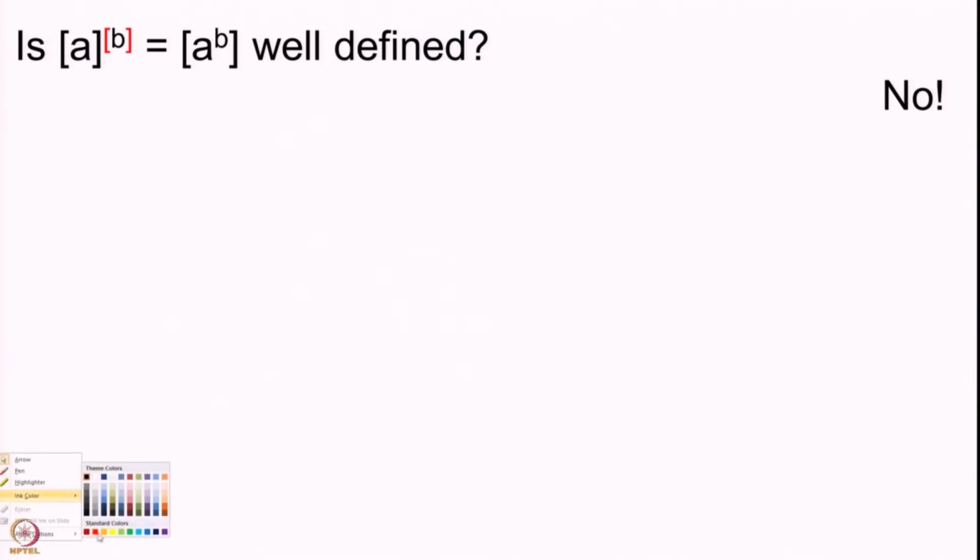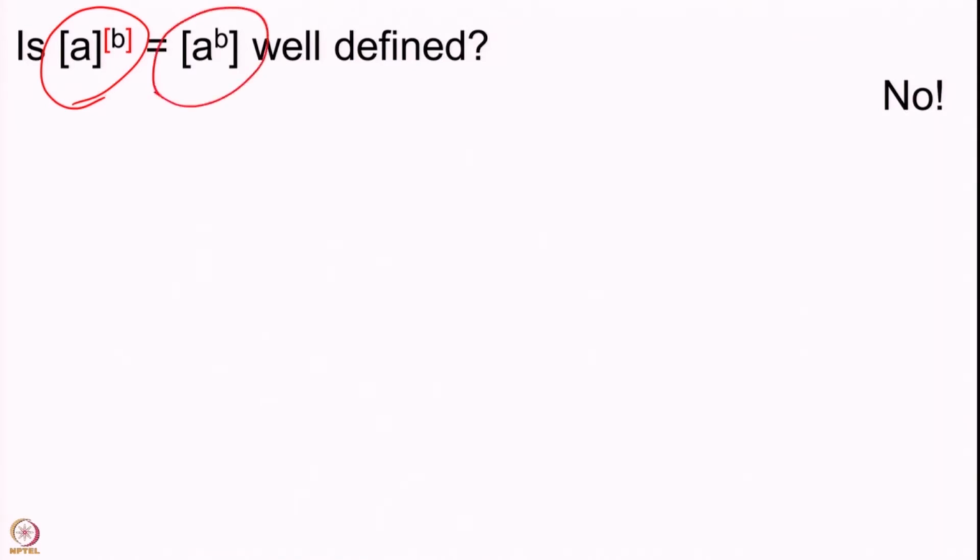We want to define power of the class A by the class B. So, look at that, the B in the slides has the square brackets given in red to tell you that we are looking at the power of a residue class by another residue class. This is what we are doing, and we have no choice but to define it in this way, because this is the most natural way to define it.